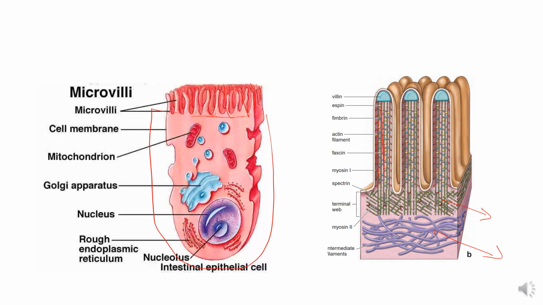These are the transversely arranged fibers. Now interaction between the actin filaments of the microvilli and myosin filaments of the terminal web results in oscillatory movements of the microvilli, which facilitates the process of absorption.